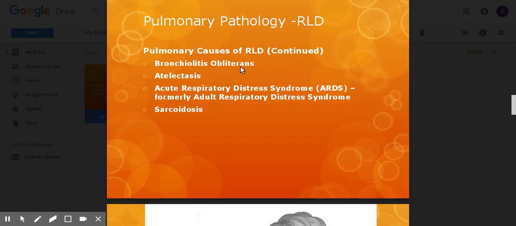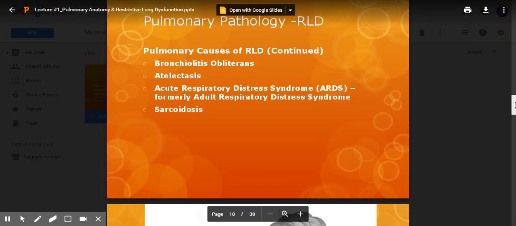Again, in bronchiolitis obliterans, you see a destruction of lung tissue, resulting in a loss of compliance and loss of ability for the body to perfuse and exchange carbon dioxide and oxygen.